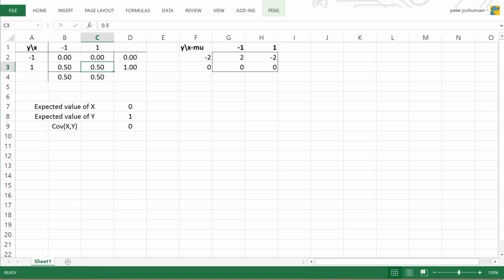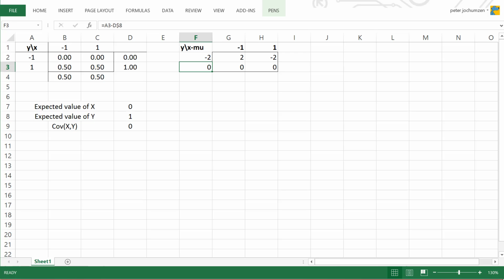In that case, the expected value of x is still 0, 50-50 between minus 1 and 1. The expected value of y is now, of course, just 1, 50% 1, 50% 1. Which means that when I subtract the expected value for y, you get minus 2 here, but that doesn't matter because it can't happen now, and you get a 0 here.